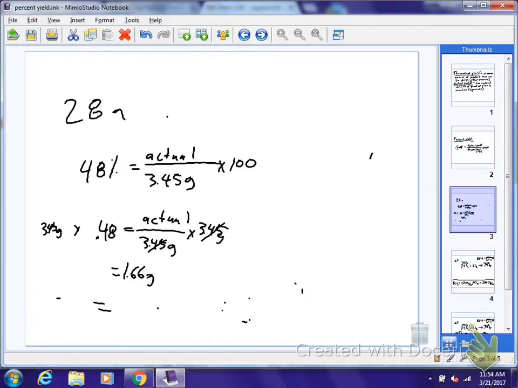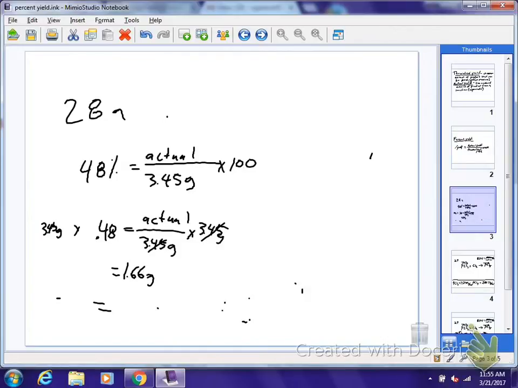All right, so what we need to do now is connect two ideas. You will need to connect two ideas to understand this today. One idea is that we're going to have to do some of those mass-to-mass problems to solve the problem, because sometimes they're not going to give you the theoretical yield, and they're not going to give you the percent yield. So you're going to have to work through a reaction.